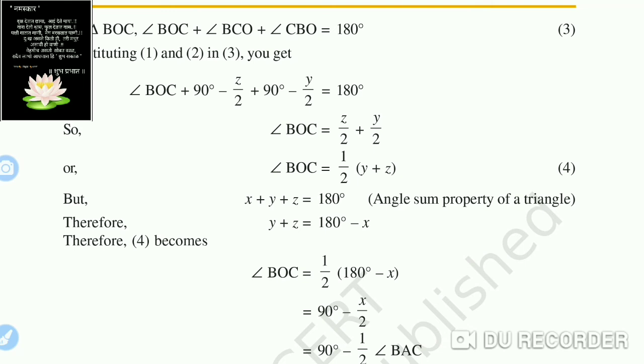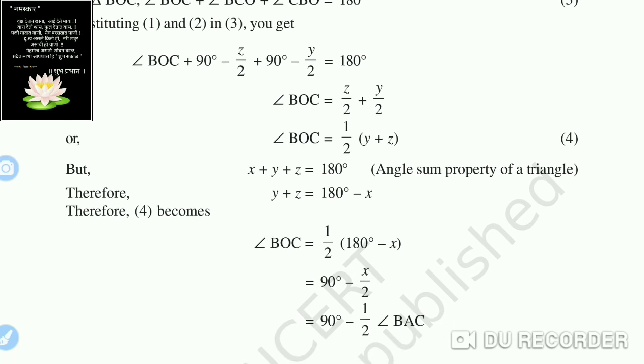Now according to the angle sum property of a triangle, X plus Y plus Z is equal to 180. Okay. So Y plus Z is equal to 180 minus X. So angle BOC is equal to half of this value.